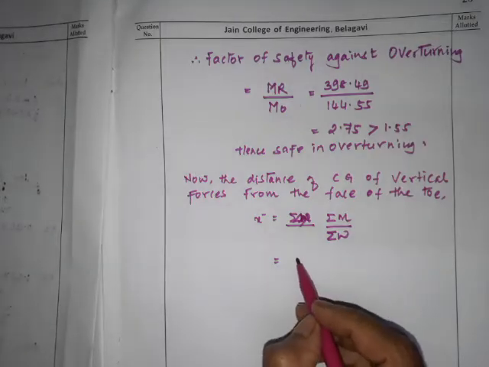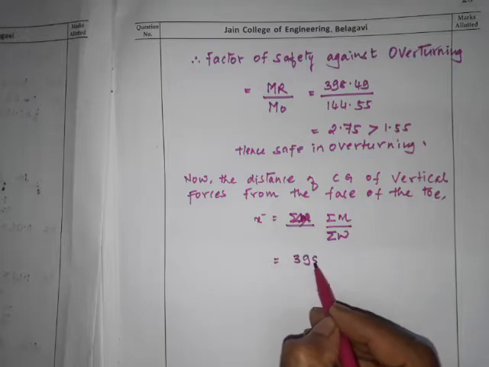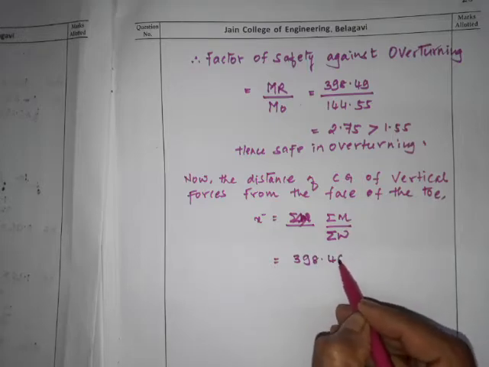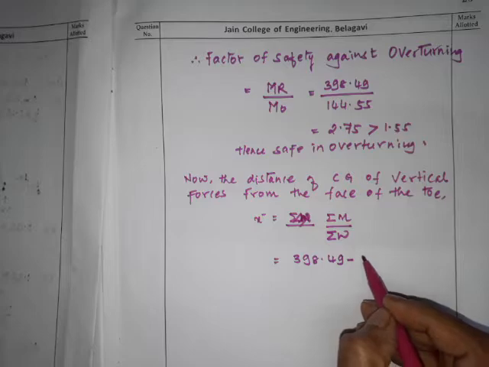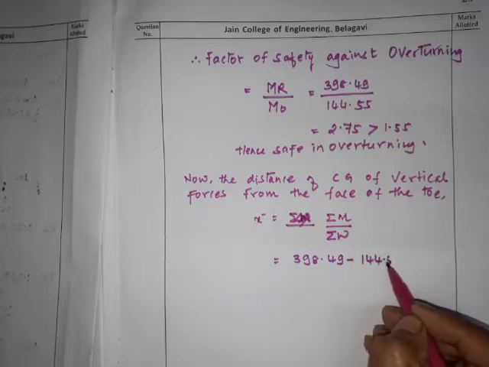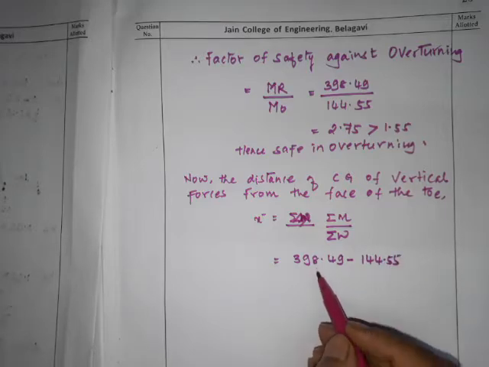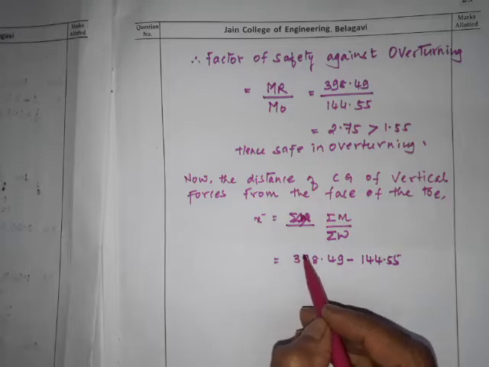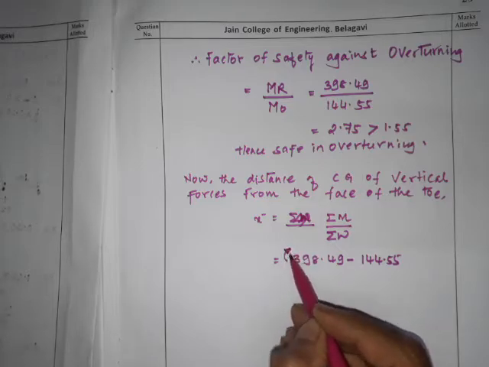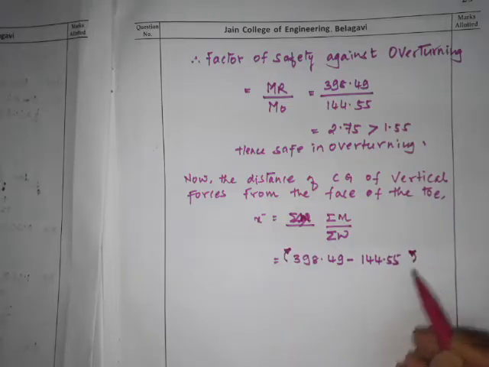So summation of M is 398.49 minus 144.55, because this will act in clockwise direction and this will act in anti-clockwise direction.